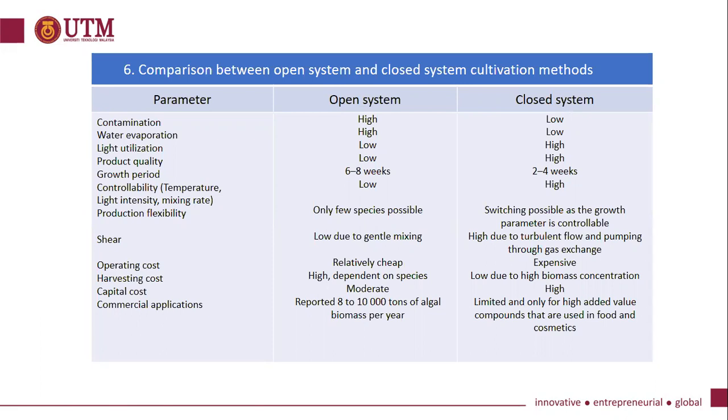As well, shear stress in open system is low due to gentle mixing, but in closed system high due to turbulent flow and pumping through gas exchange. As well, we have, for example, the operating cost. We can see it is cheap in open system and expensive in closed system.